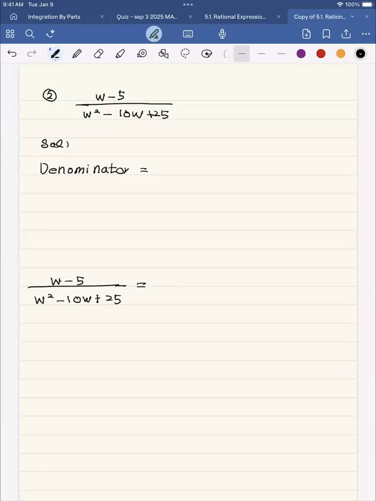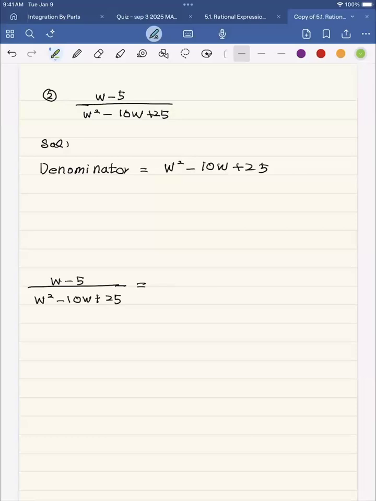The next problem is w minus 5 over w squared minus 10w plus 25. The numerator is already degree 1 and with the leading coefficient 1, so we cannot factor it. The denominator is w squared minus 10w plus 25.